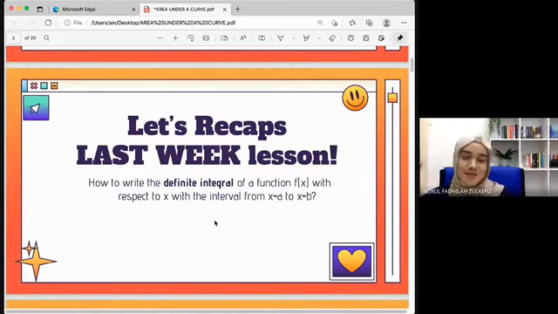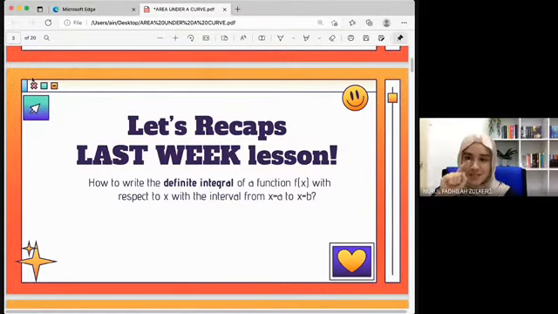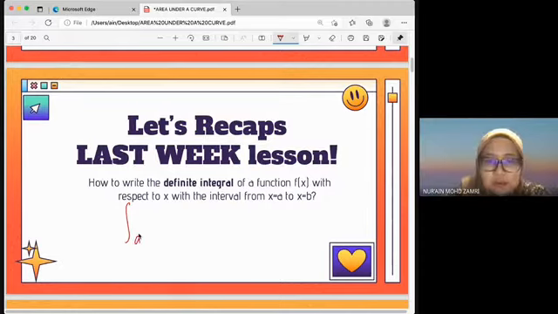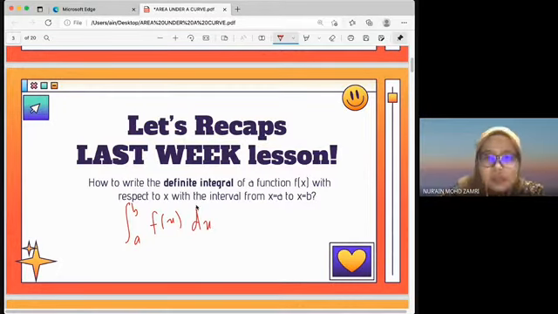How do we write the definite integral? You put the integral sign, then a lower limit a, then an upper limit b, then the function f(x) and dx. Correct. This is how you write the definite integral.